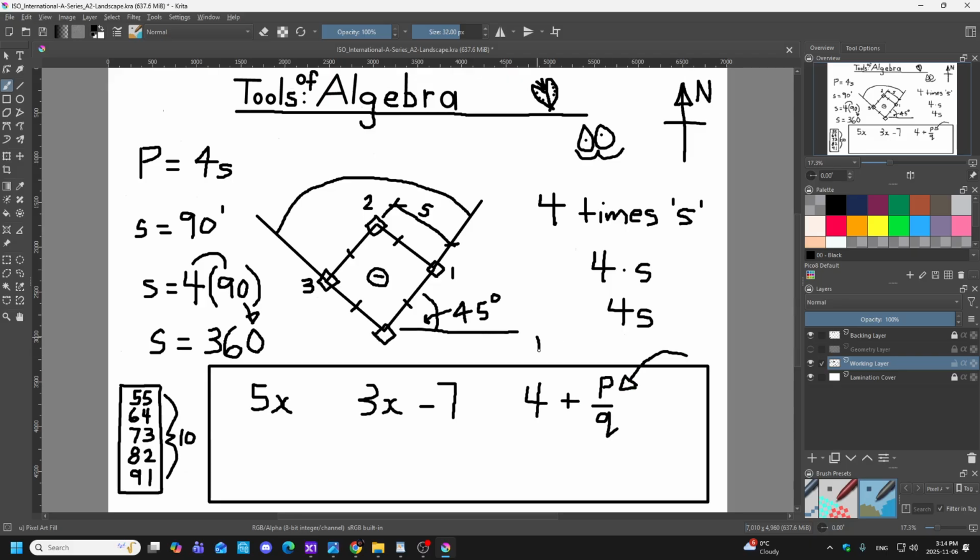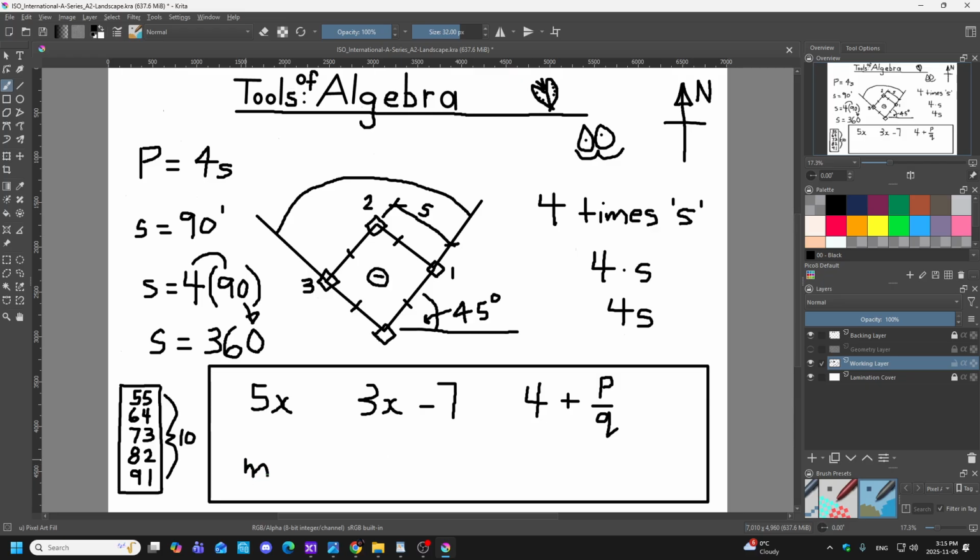So if p equaled 8 and q equaled 2, we would go 8 divided by 2, which equals 4. And then we go 4 plus 4. Our answer would be 8. It's that easy. Isn't this fun? Oh, yes, it is.